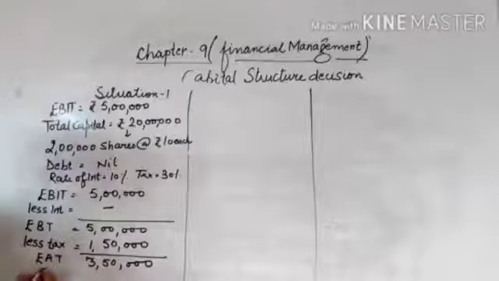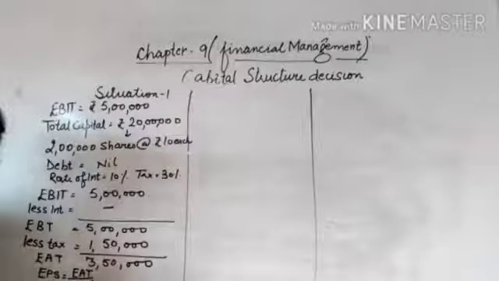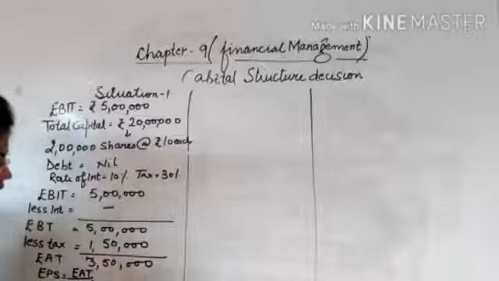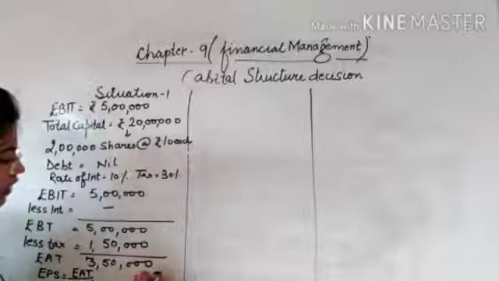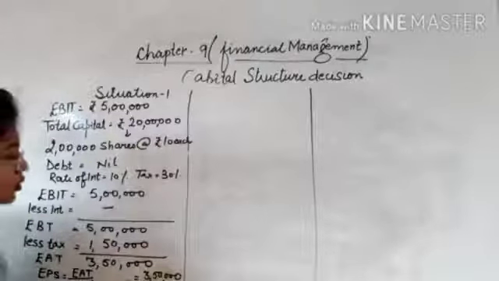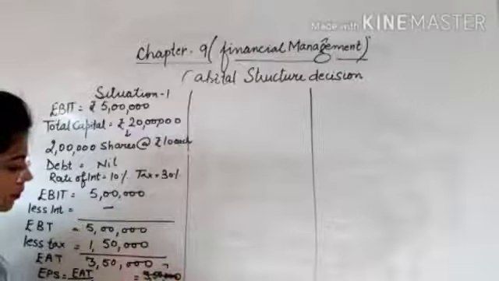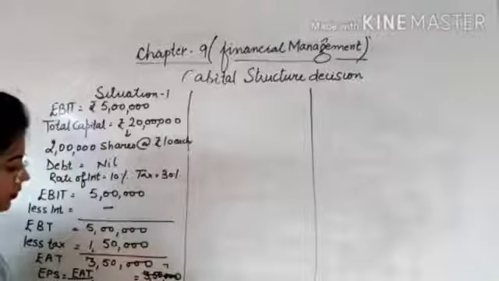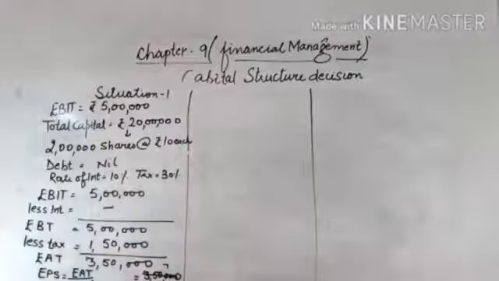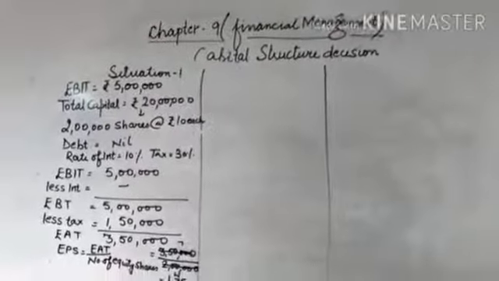Now we have to calculate EPS, that is earning after tax upon number of shares, that is 3,50,000 upon 2 lakh. Answer is 1.75.